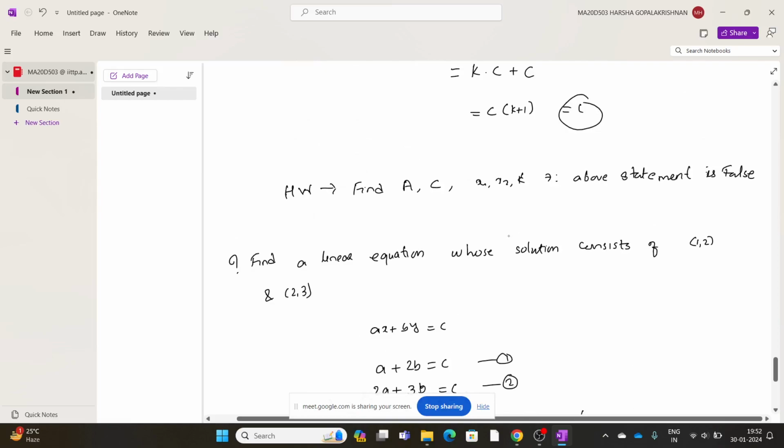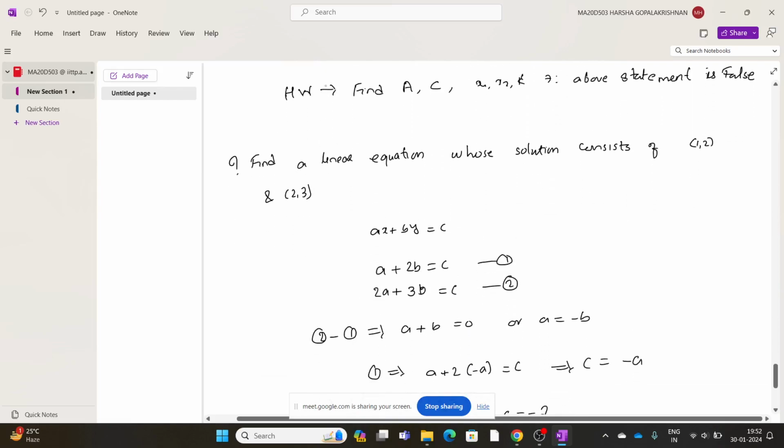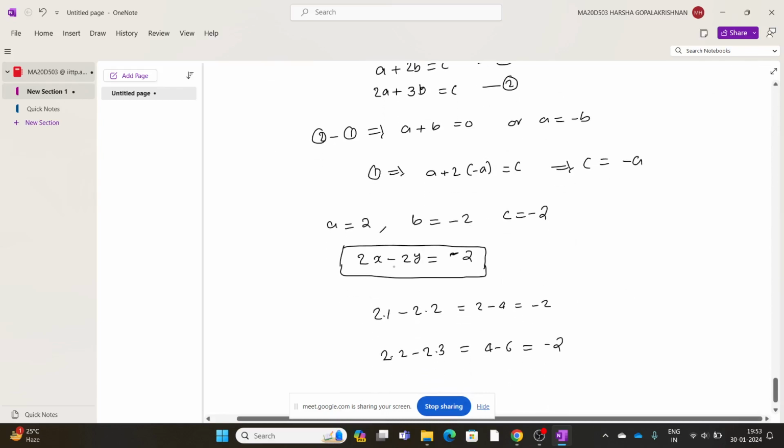Can anyone think of any other way of finding the linear equation, other than writing this equation and finding the solution? What does the equation represent geometrically?